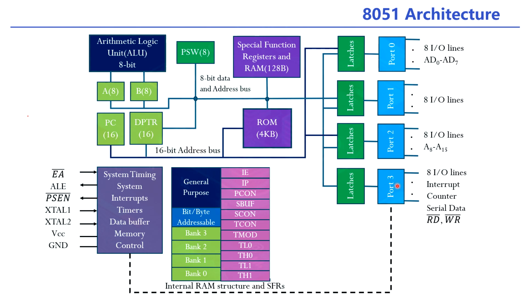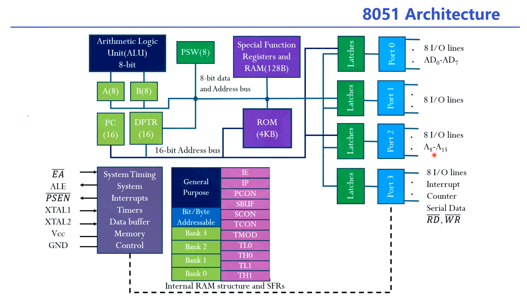And coming to port 3, this is also having separate functions. One is general purpose IO in standalone mode, and in extended mode it is having several functions. Those alternate functions we will discuss one by one.